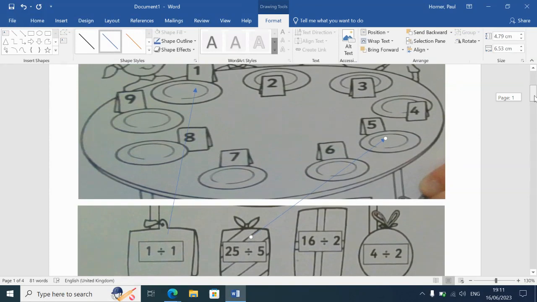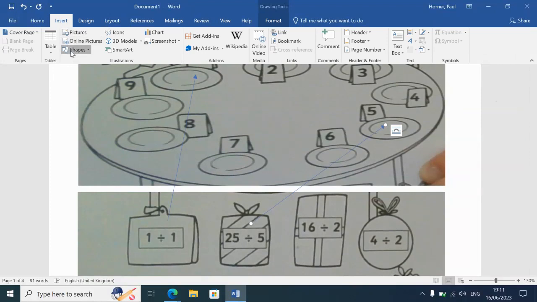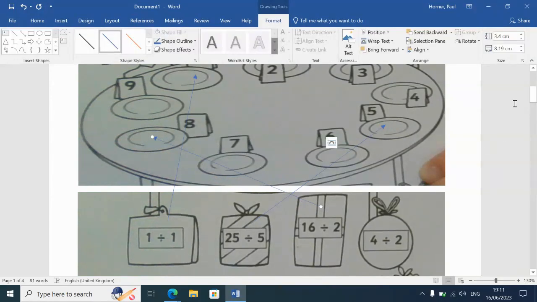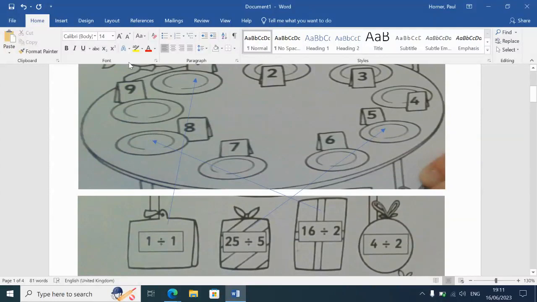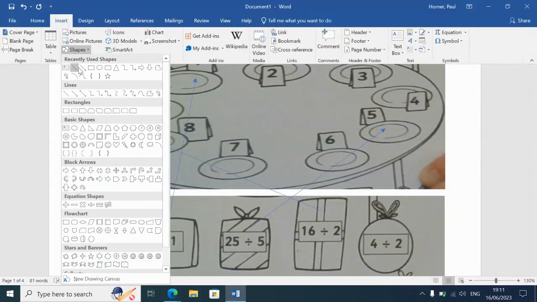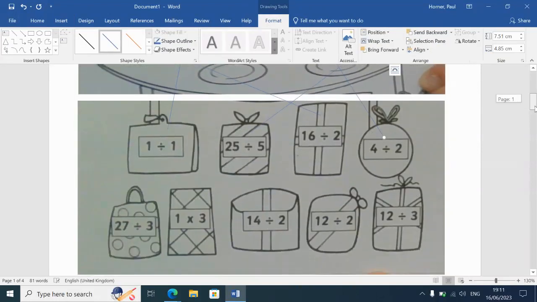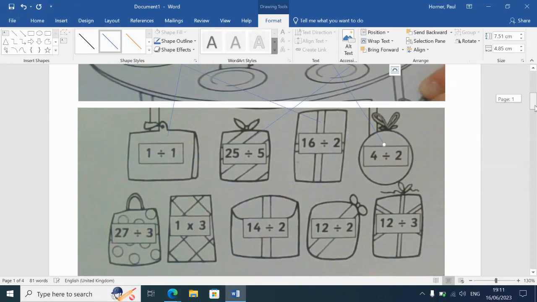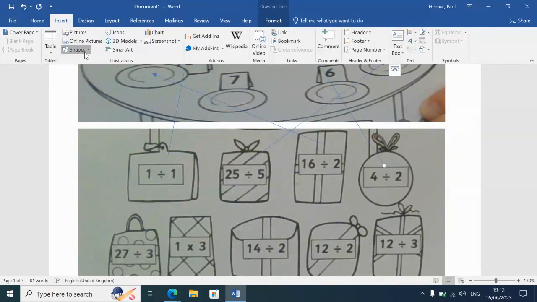And the next present, 16 divided by 2 would be 8. Okay, and the next present, 4 divided by 2 would be 2. Get my arrow. And next, 27 divided by 3 would be 9, so I'm just going to get my arrow.